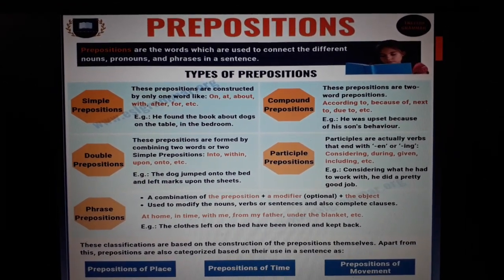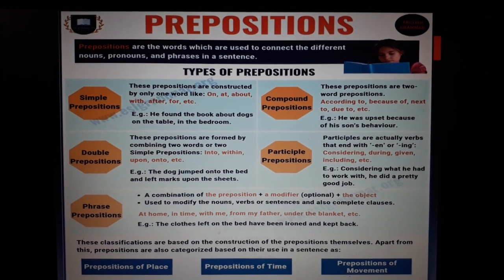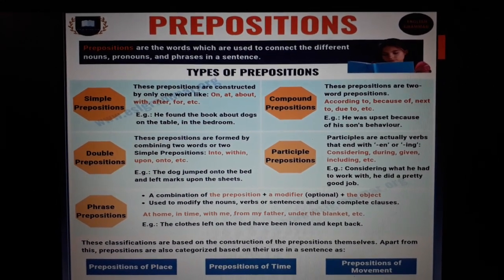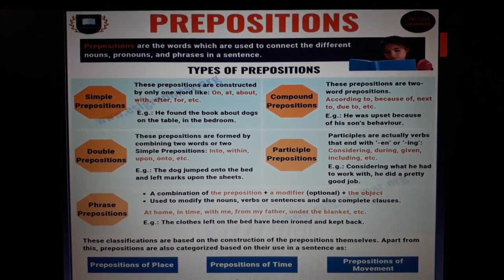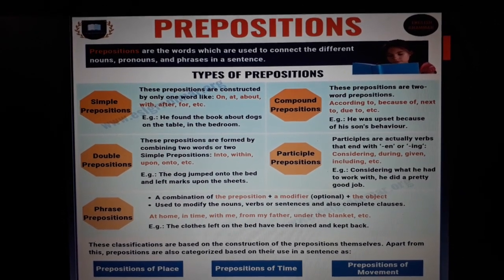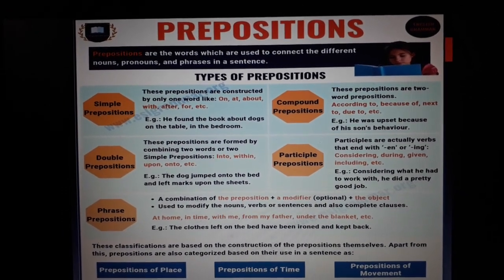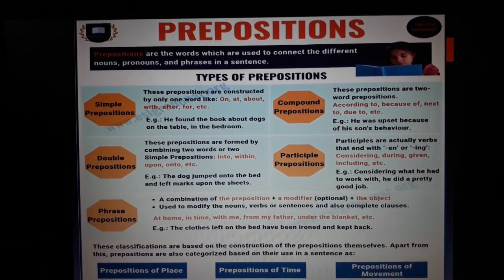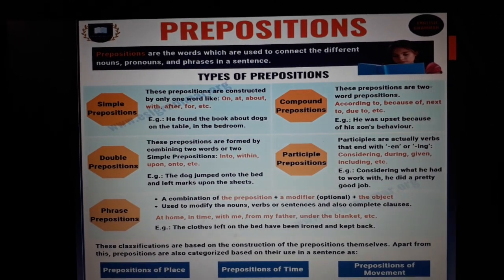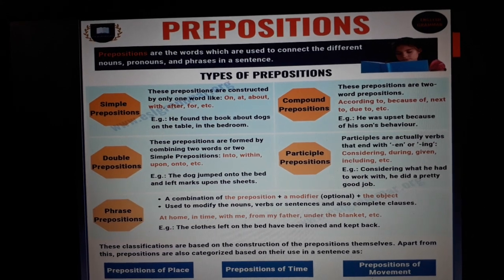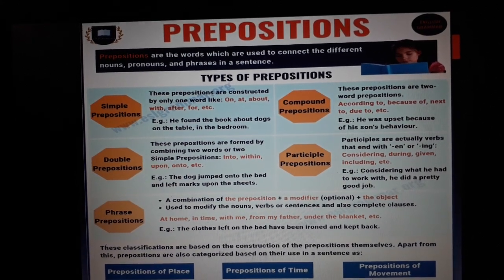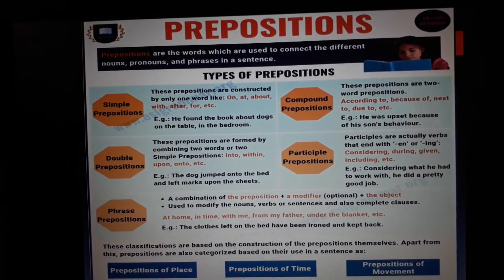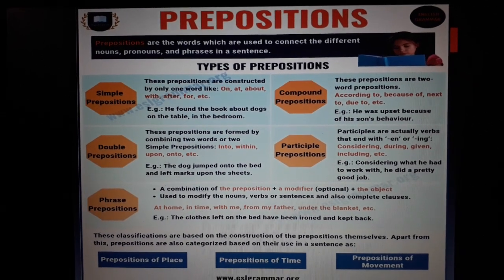So, what all we read, we can have a quick overview. We studied about prepositions. Prepositions are the words which are used to connect the different nouns, pronouns and phrases in a sentence. There are different types as well as kinds of prepositions.